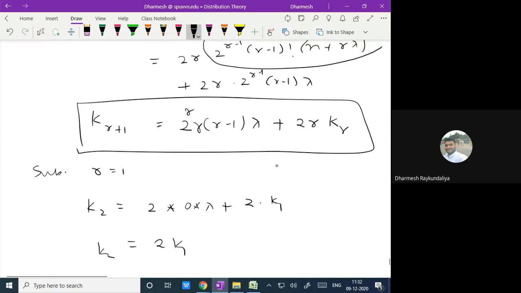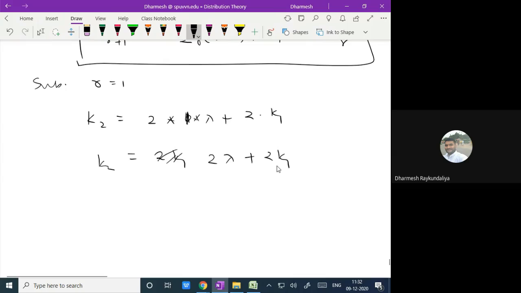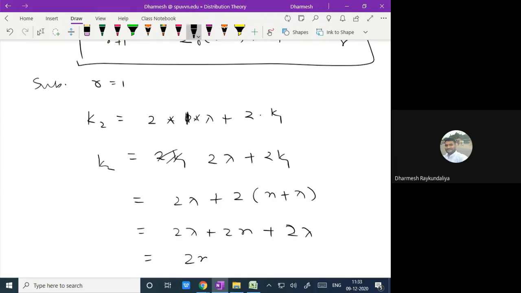So this is nothing but the 1. So it is twice lambda plus twice k1. Is it? Still something is wrong. I don't know. Twice lambda plus twice into n plus lambda. So it is twice lambda plus twice n plus twice lambda. Okay, so it is twice n plus 4 lambda. Now it is fine.